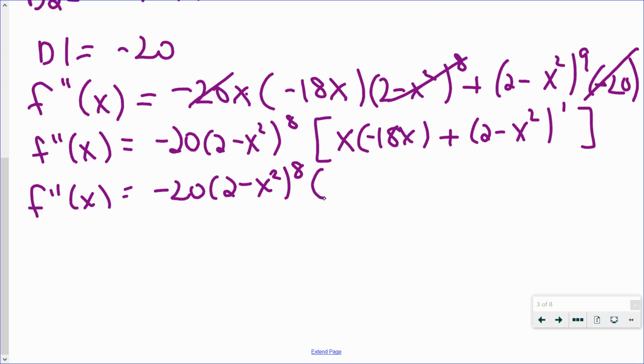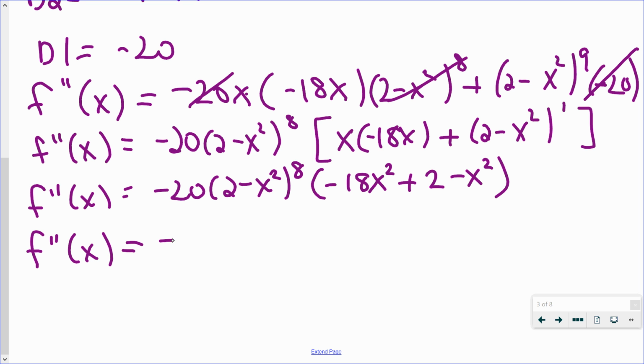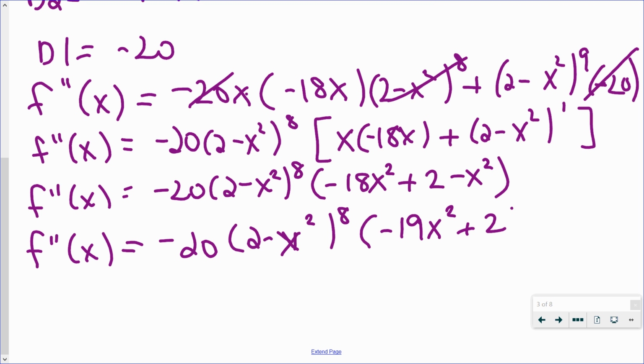And then on the inside, I just have to tidy that up. So I have negative 18x times x plus 2 minus x squared. Okay, so we'll do this again. Negative 20 multiplied by 2 minus x squared to the exponent of 8 times negative 19x squared plus 2.